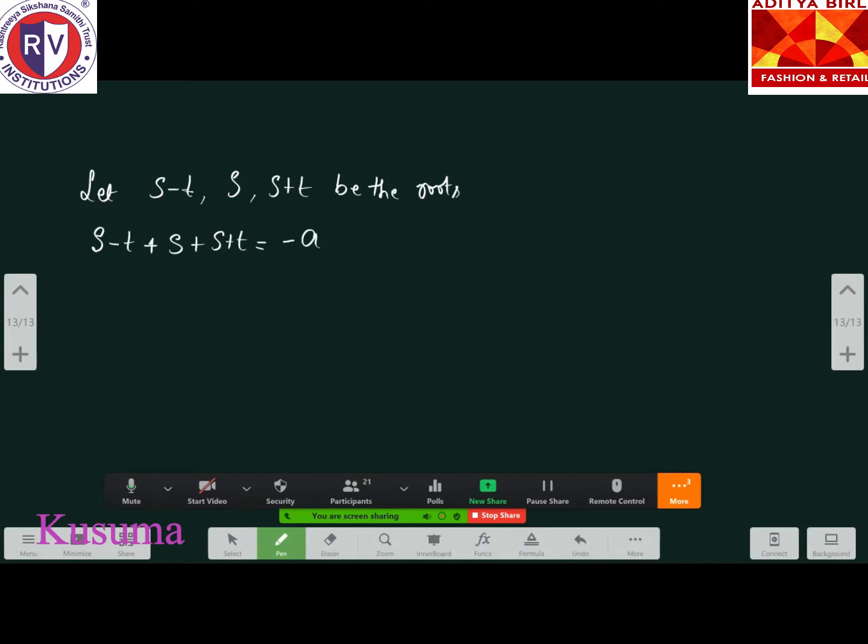The equation that was given was x cube plus ax square plus bx plus c is equal to 0. So here the coefficient of x square is a and coefficient of x cube is 1. So minus a by 1, which is minus a. So this will be nothing but 3s is equal to minus a, or a is equal to minus 3s.